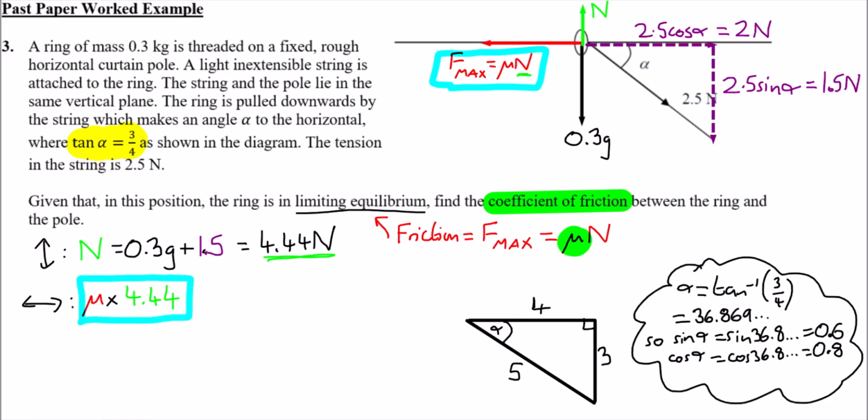That's the only force acting to the left, so that'll balance with the force acting to the right, which is just 2.5 cos alpha, which we worked out was just 2 newtons. So that's going to equal 2.5 cos alpha, which is just 2. And therefore, mu will equal 2 divided by 4.44.